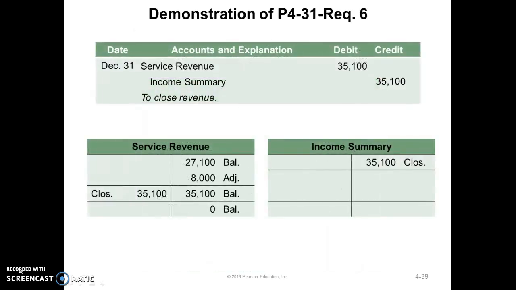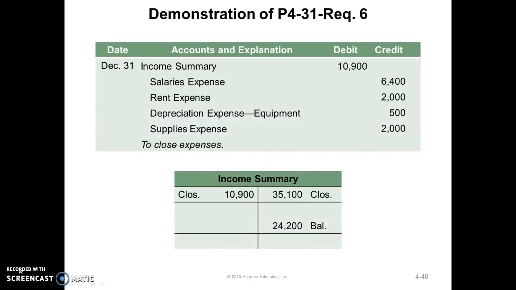So we know before we had service revenue, it was a credit because revenue is a credit. So how do you zero out that revenue? You debit it. So we're debiting the service revenue for 35,100, and we're putting it to something called income summary. So you see income summary now has a credit of 35,100. Then we're looking at all the expenses.